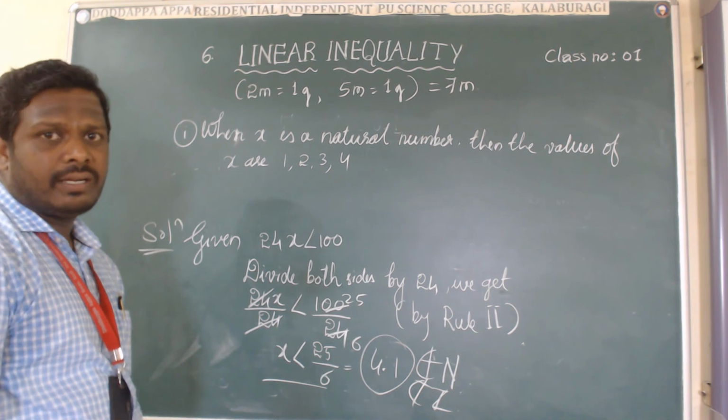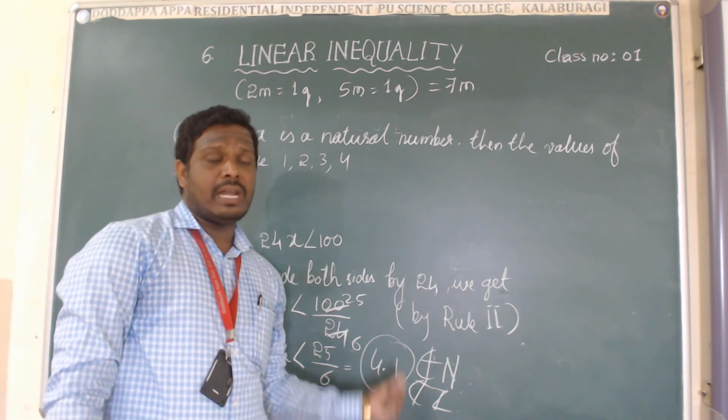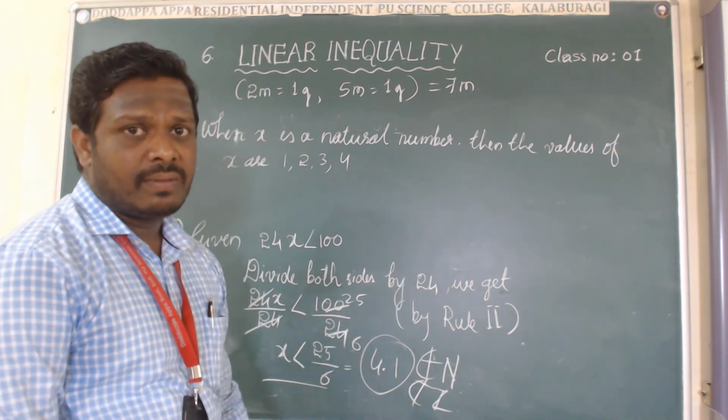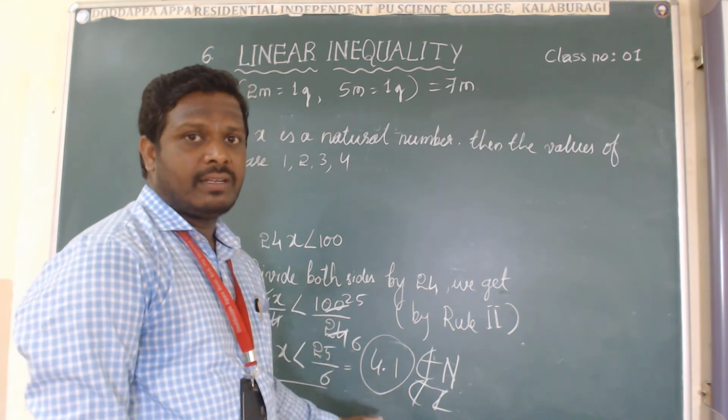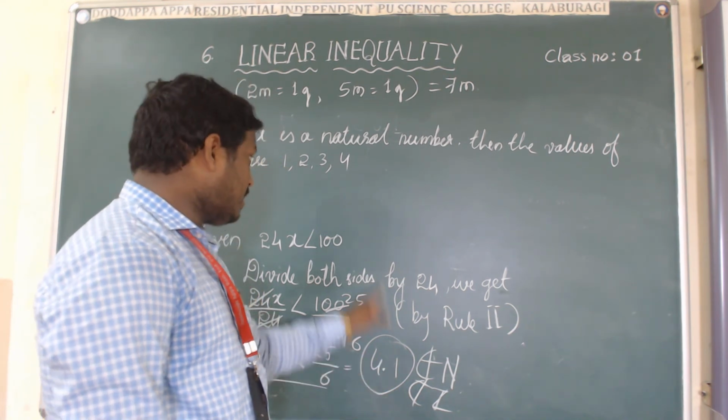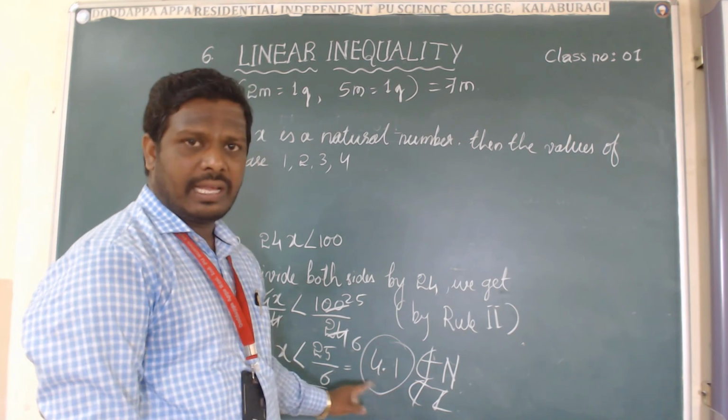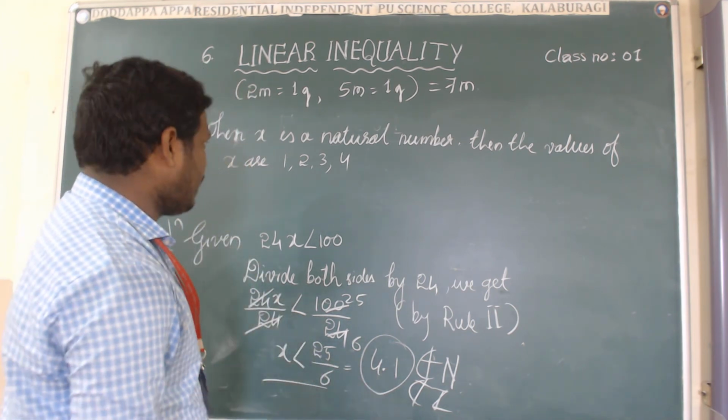Are you getting my point? There is no 4.1 present in the set of natural numbers. Up to 4 we can take. Less than, is there, no? This 4 is less than 4.1 or not? Yes, 100% it is okay.